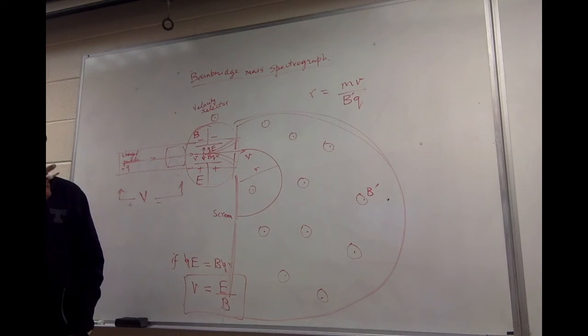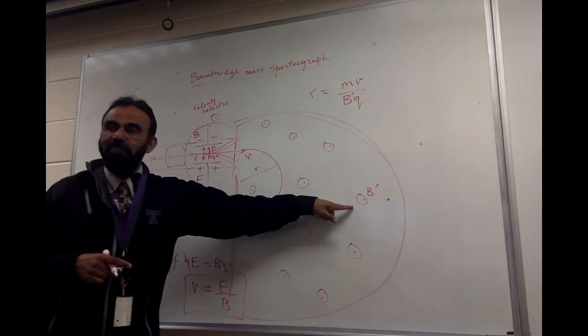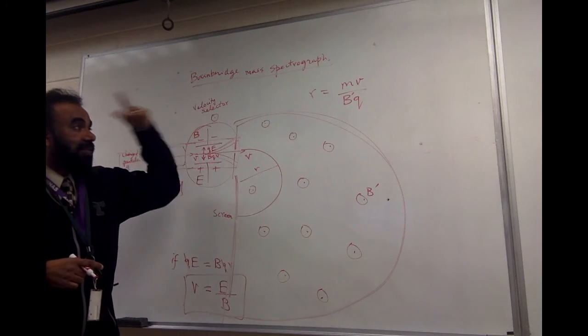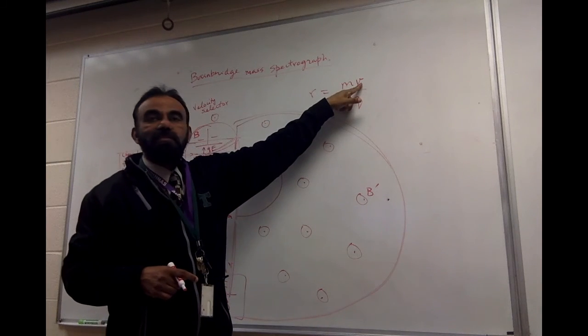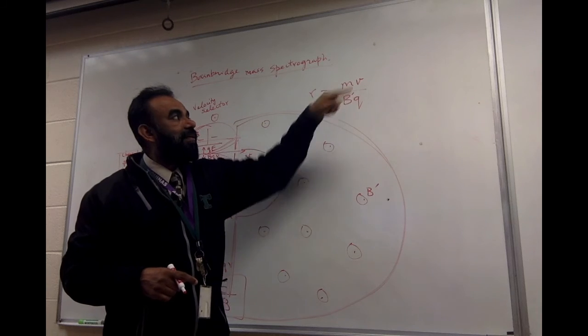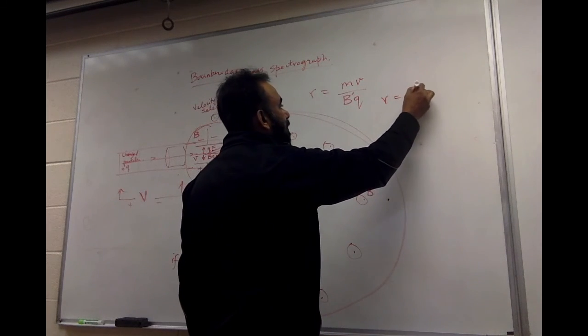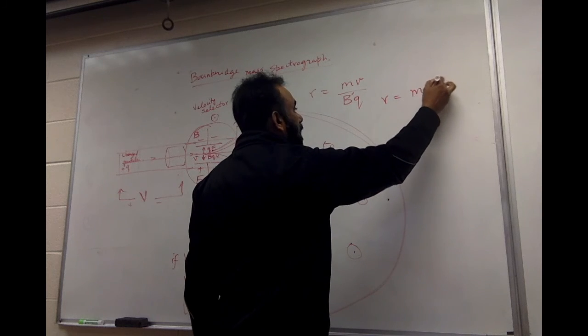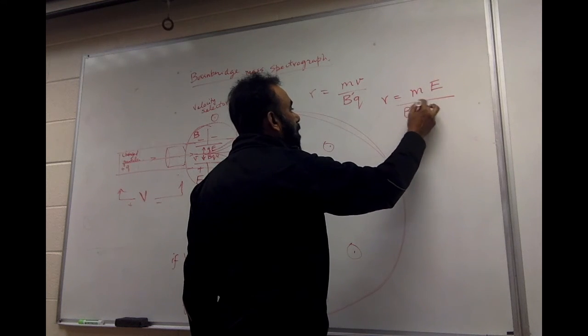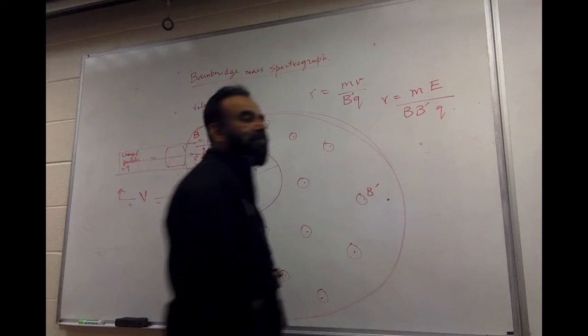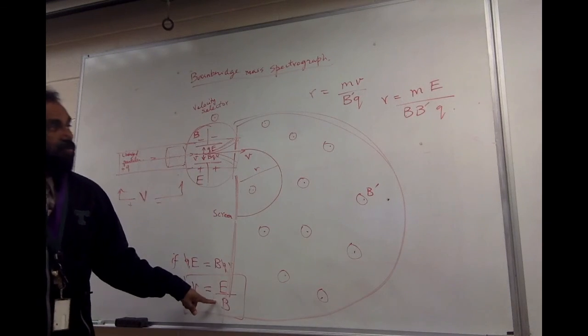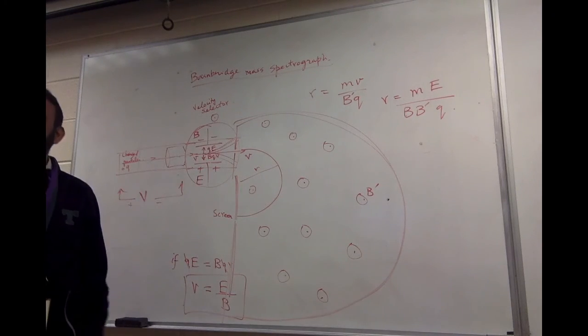That's a different b. What is turning over here is a different magnetic field. So this is fixed. So the radius of the turn is mE over b prime q. I just substituted for velocity there.